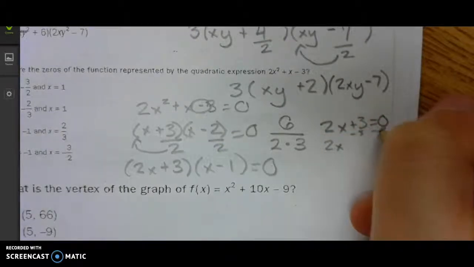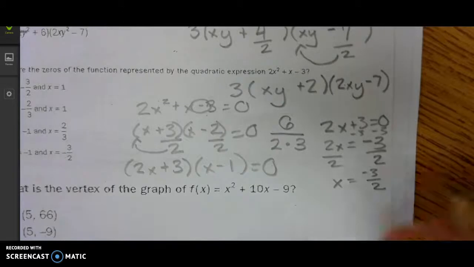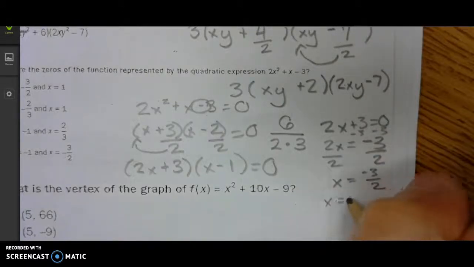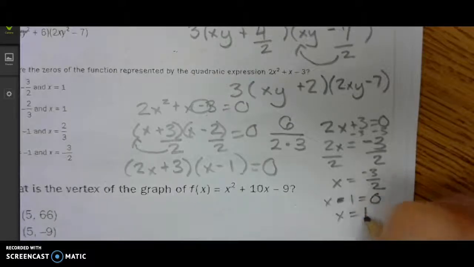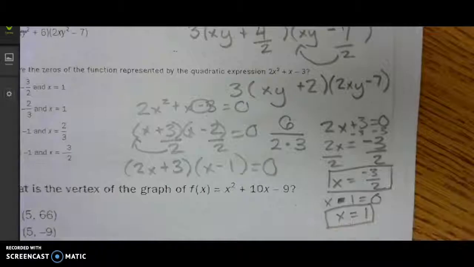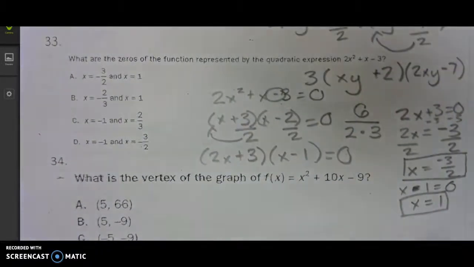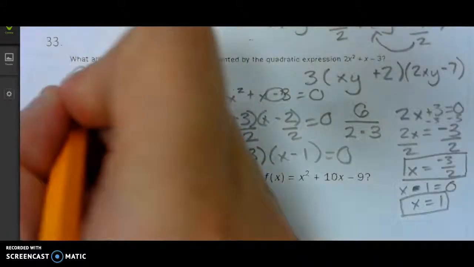Minus 3 on both sides. Divide by 2. x equals negative 3 over 2, and we'll solve the other one. x minus 1 equals 0, and we just add the 1 to both sides to get x equals 1. So here are my two answers. Positive 1, negative 3 over 2, that is A.